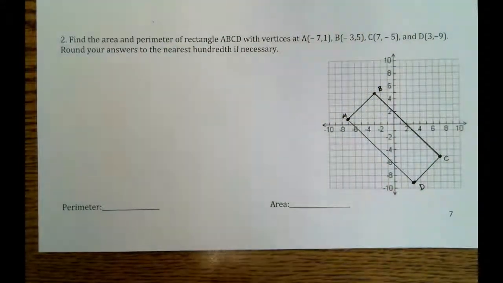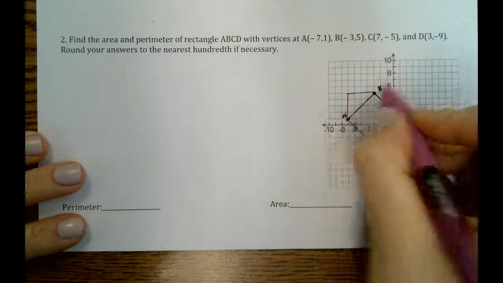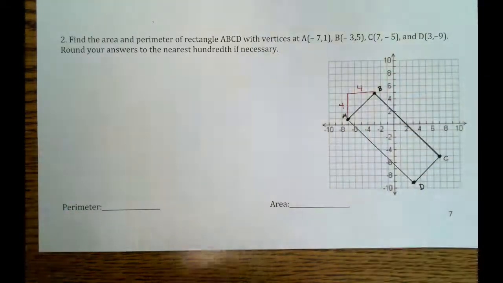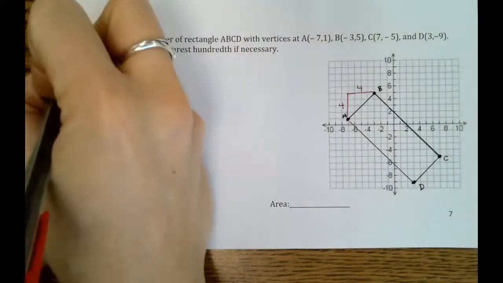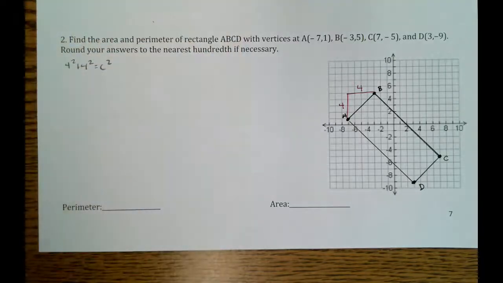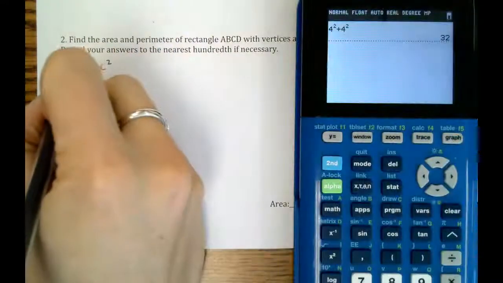Now we're going to do the same thing that we did in number 1, and we're going to create triangles to find our sides. This is 4 and 4. So for our smaller triangle here, we'll do 4 squared plus 4 squared equals c squared. So that gets us 32.